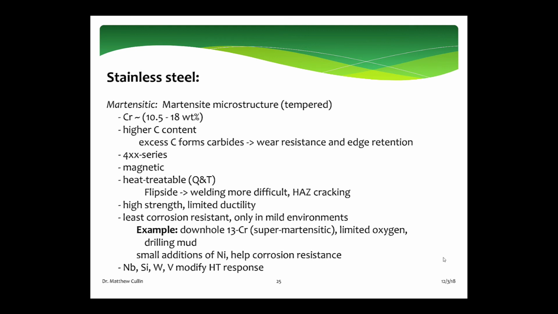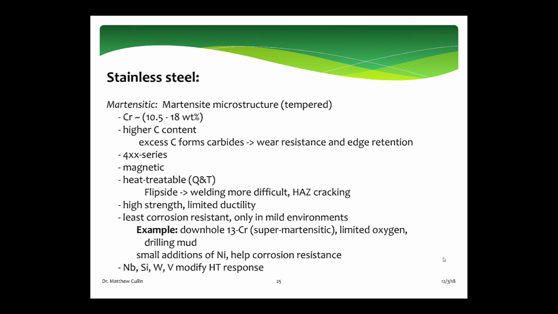The downhole environments are not particularly aggressive in terms of corrosion, but we generally require a material that has high strength, right? We're going to be suspending casing for thousands of feet. So we essentially need materials that have sufficient corrosion resistance and high strength. That typically falls to martensitic stainless steels. Sometimes we'll add a little bit of nickel, which helps improve the corrosion resistance a little bit.